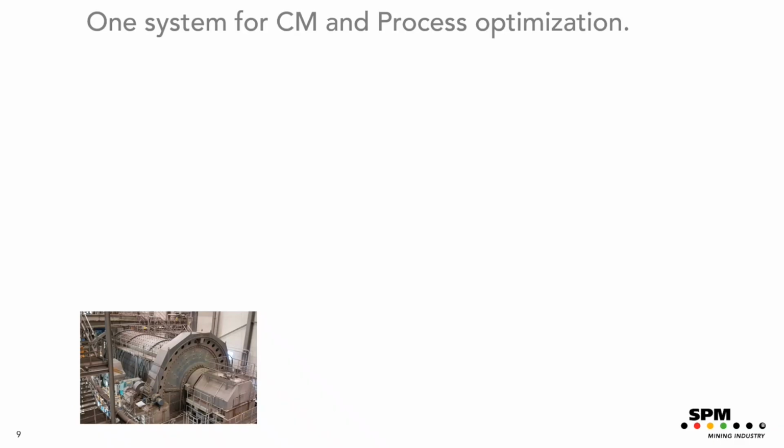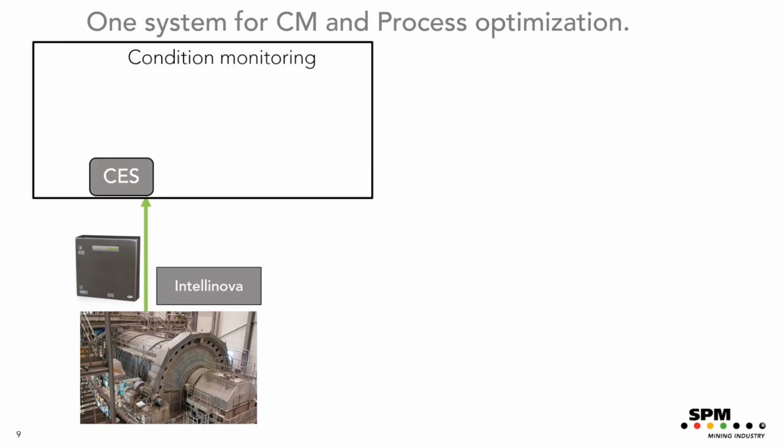Now we use one system for both condition monitoring and process optimization. If you look at this tumbling mill, for example, we typically install an online system on the machine, and we have our traditional software for condition monitoring, where we look at trend graphs, color spectrum overviews, spectrums, and so on.